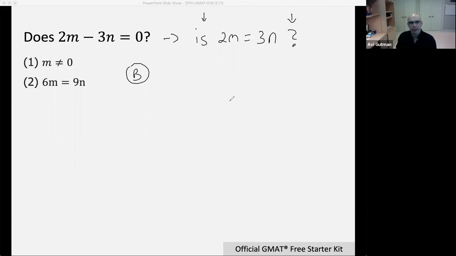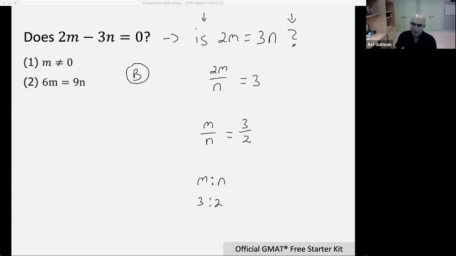But just for didactic purposes, let's imagine that we know neither m nor n is 0. So if I divide both sides by n, I'll get this. And then if I divide both sides by 2, I get this. And this is starting to look a lot like a ratio. I might even write it horizontally. I might say m to n is 3 to 2.